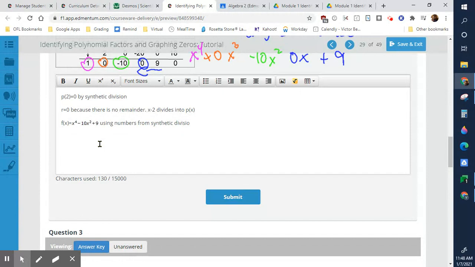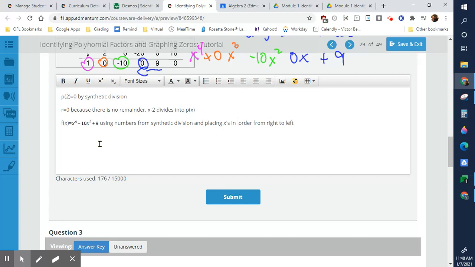It would technically be ascending order if you want to get technical. Ascending means getting bigger, so I'm saying getting bigger from right to left. And it's ascending order of power. And we're starting at 0, so that's why it's a constant. X to the 0 is just 1, so that's how come this 9 is by itself. So I'll submit that there.